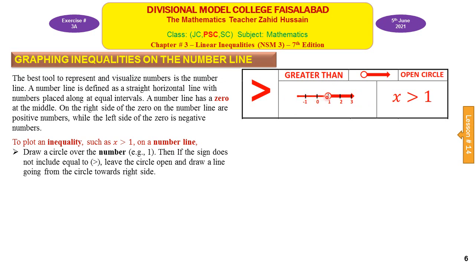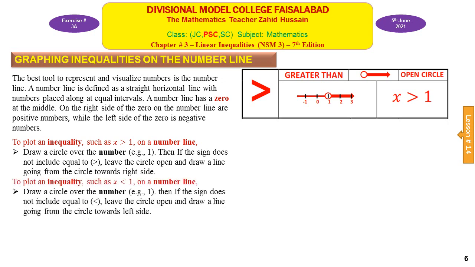Or you can draw a number line, label it, draw a circle above the number, and from the circle draw an arrowed line, producing it towards the right side.